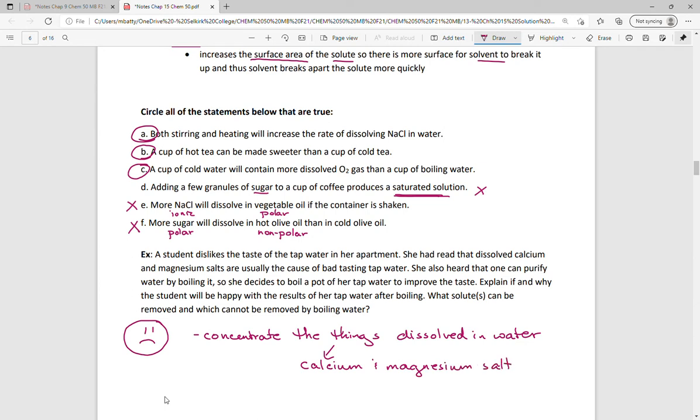And all we mean by that is that we have an ionic compound with calcium or magnesium as the cation. What she could remove from solution is if she had any gases, they would come out of solution.